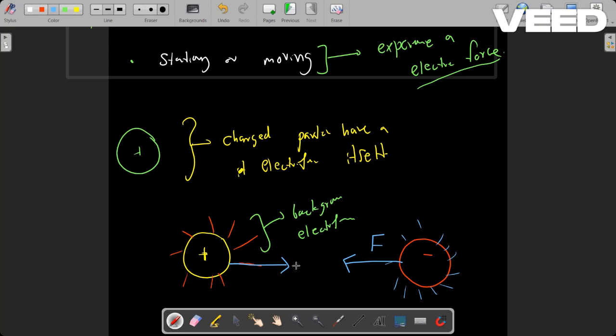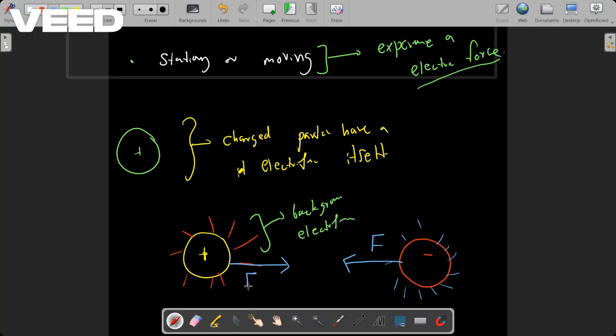Since they are oppositely charged, the force created is in opposite directions. So therefore we feel like they are being attracted to each other. Why? The electrical forces are acting in opposite directions, so they are being attracted.